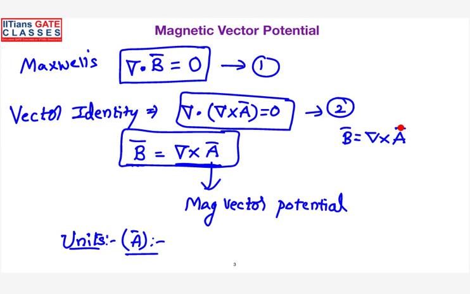First of all, define what is the unit of the magnetic flux density. Weber per meter square. Good.